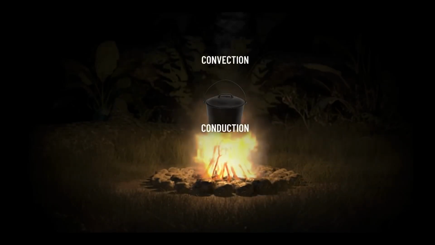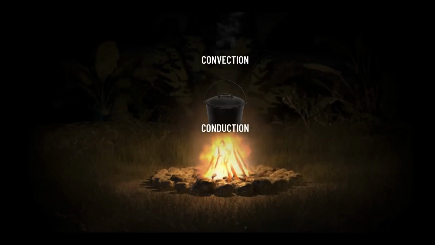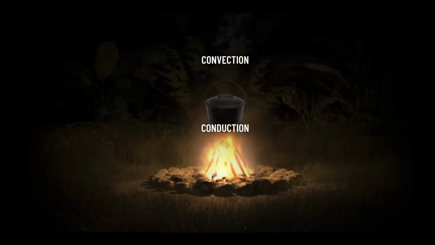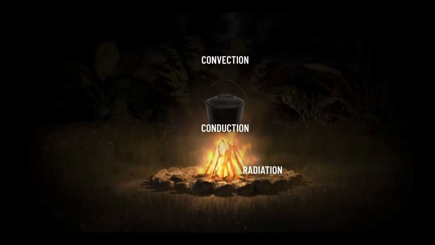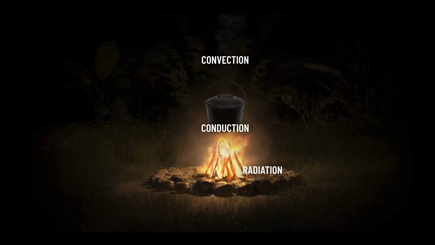Additionally, there's convection as heat from both the boiling pot and the flame itself is rising up as a result of density differences. And finally, there's radiation occurring all around the campfire as energy travels away from the flame in the form of electromagnetic waves.